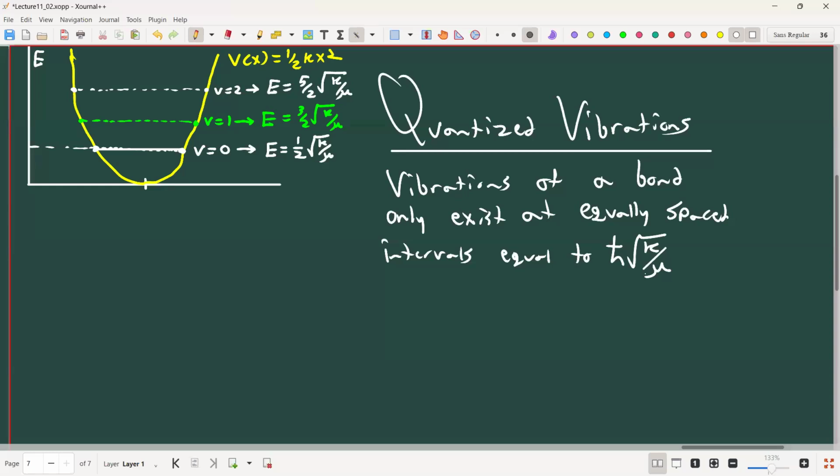And so that means that this spring is always moving. It always has a vibration. Always vibrating, just like how our particle in the box always has momentum. Always has p squared. That's what you're doing in the homework, right? There's always this zero, what we call a zero point motion. Because even in the ground state, it's moving. And that's true here too.